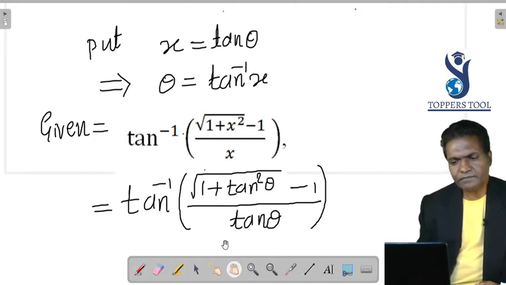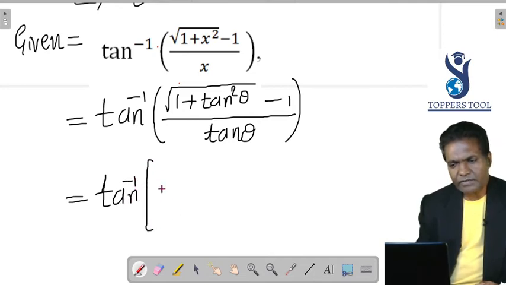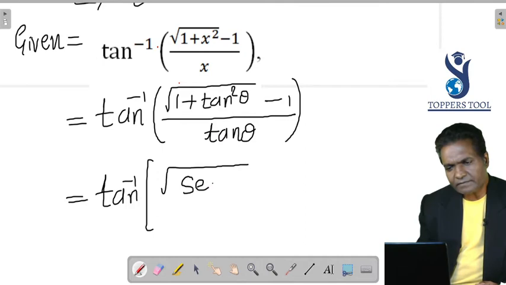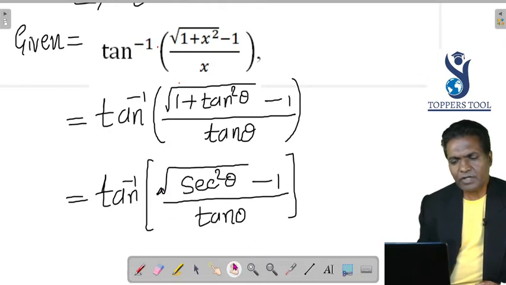This is equal to tan inverse of square root of 1 plus tan square, I told you it is secant square theta, minus 1 as it is, divided by tan theta.